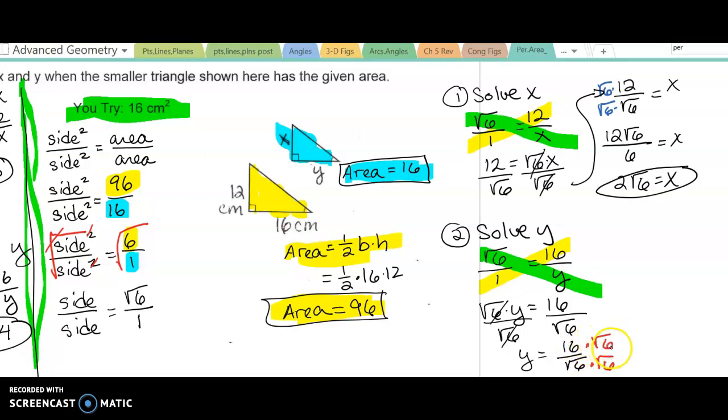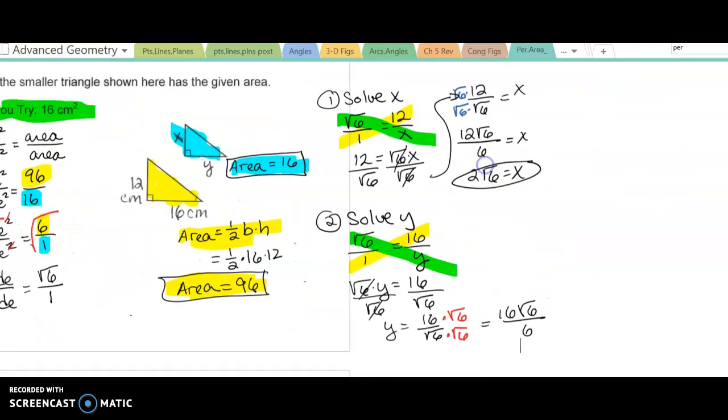So we rationalize. We multiply the top and the bottom by square root 6. And that gives us 16 times the square root of 6 for the numerator over 6 for the denominator, which for our final answer, this is going to reduce 16 over 6 to 8 square root 3 over 2.